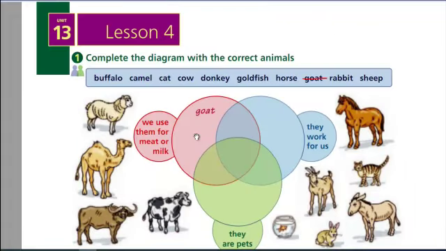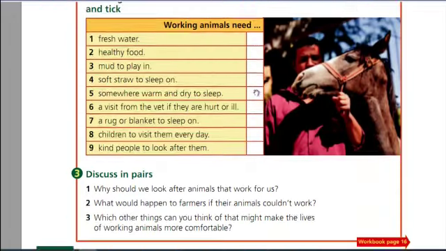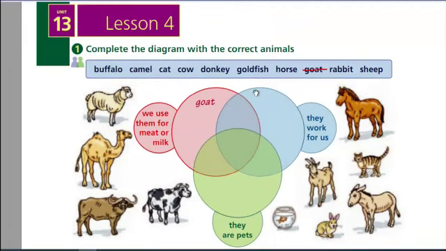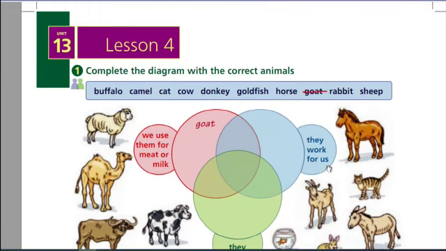Now, let's go to page number 22. On this page, we got an activity, and in this activity we're going to put these words in these circles. Here we got many kinds of animals. We want to write here the animals that we use for meat or milk.